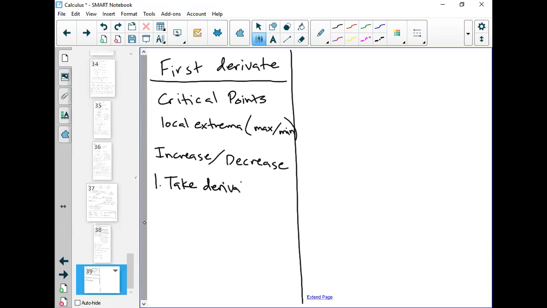The second step is to set that derivative equal to 0. The third step is to solve for x. And the fourth step is to take those x values and put them on a horizontal line test.